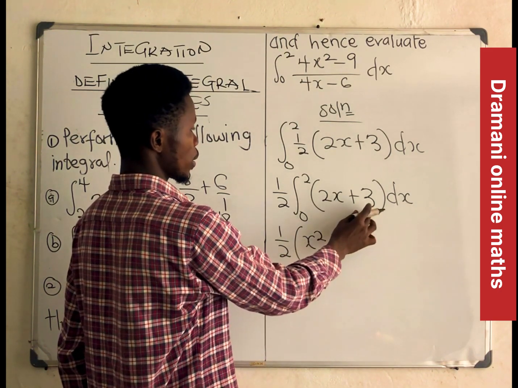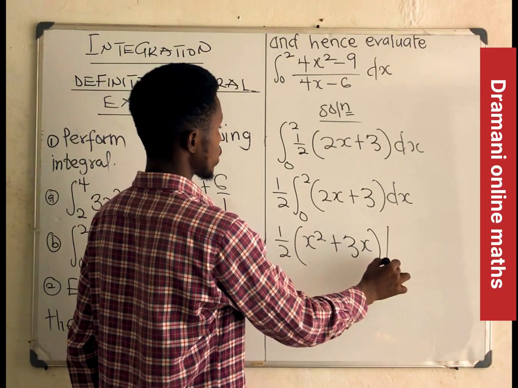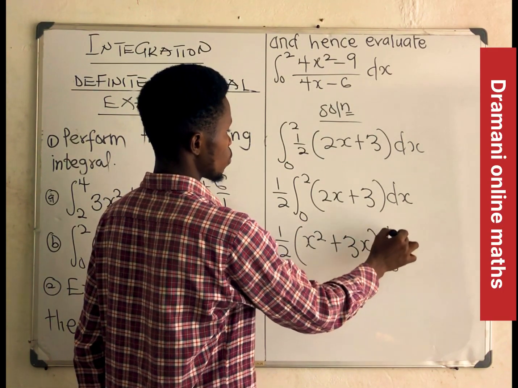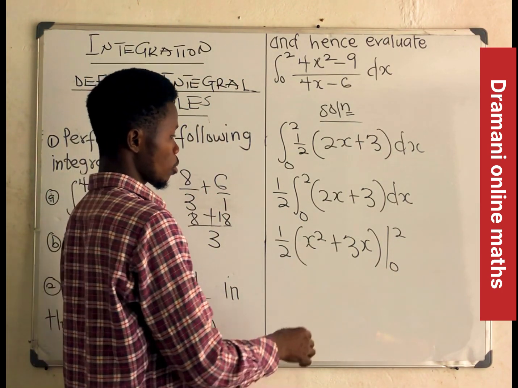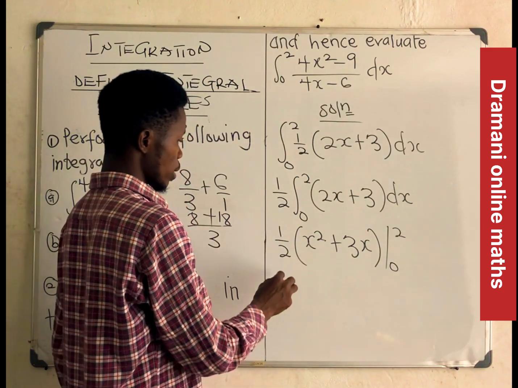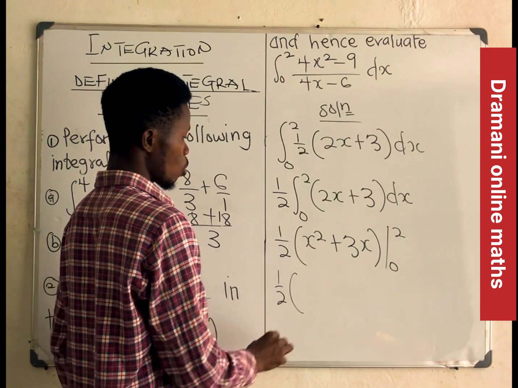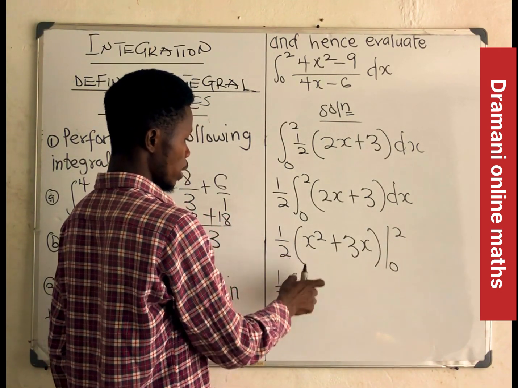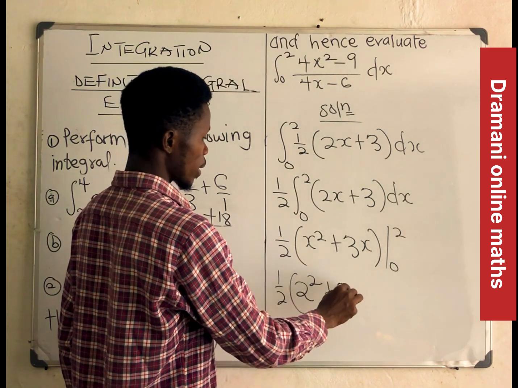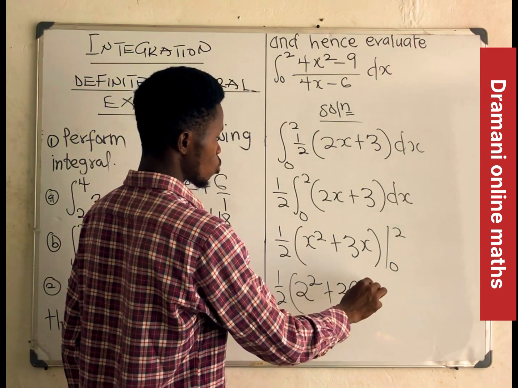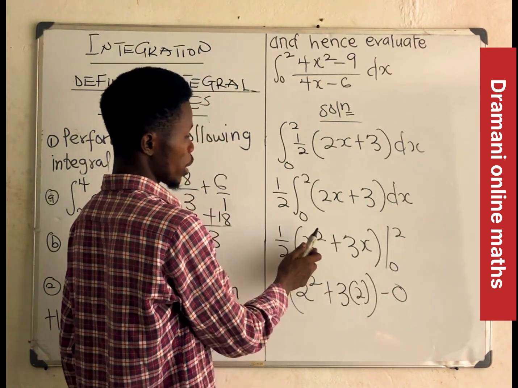If I integrate 3, I'll get 3x. And this is having limits 0 to 2. So what I'm going to do here is substitute. This is going to give us half bracket open, if I put 2 here, that will be 2 squared plus 3 multiplied by 2, minus 0. Because if I put 0 here, here will be 0, here will be 0.